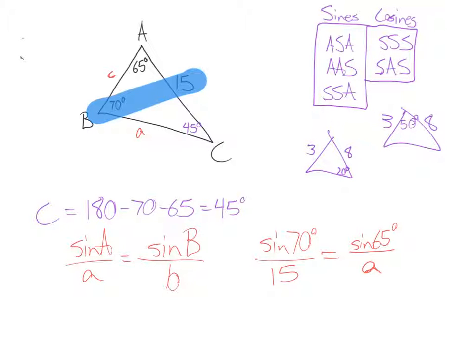Okay. Again, I'm using 65 with the A because those are across from each other. Now, how do we solve that equation from there?